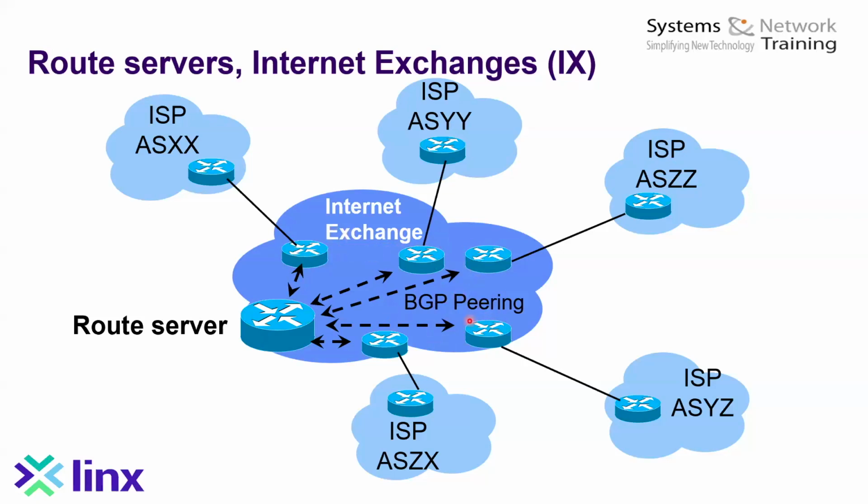And the higher the number goes, it's not exponential, but it's a higher rate of increase of the number of peering sessions. And the more peering sessions you have, the more complexity there is, the more monitoring of those peering sessions that needs to go on, and the more CPU processing that needs to go on in your routers themselves just to manage all those peering sessions.